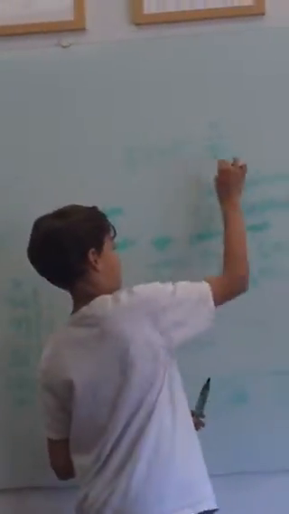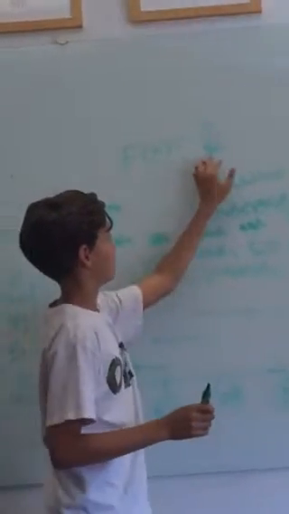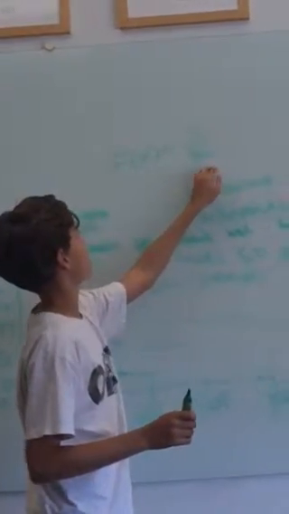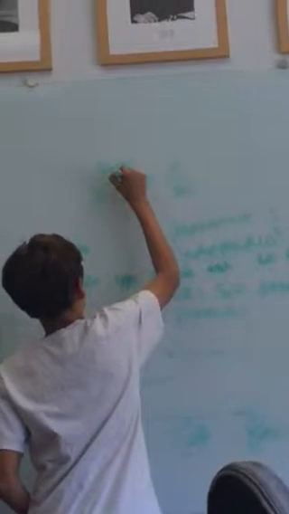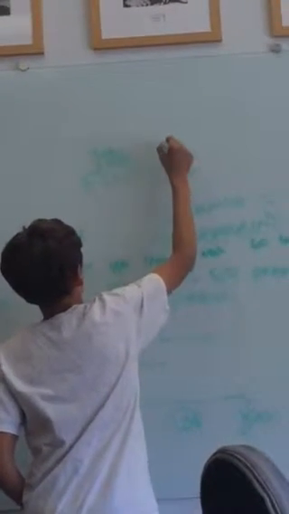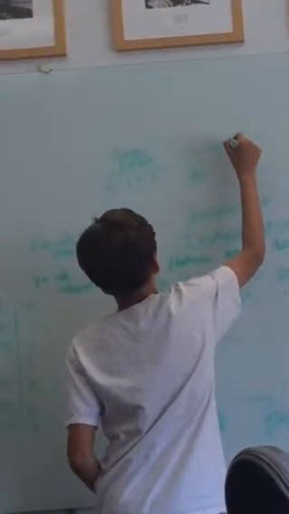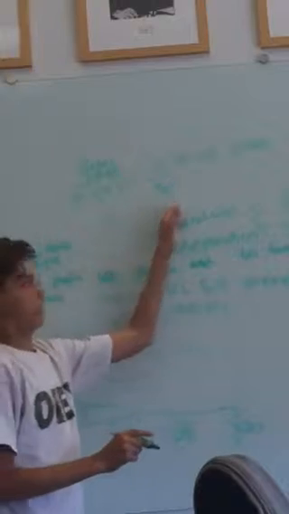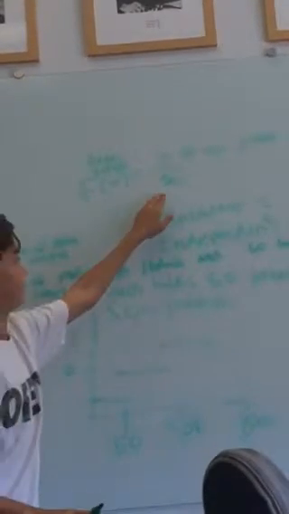This would be buses needed, x being the number of people going on the field trip, and 50 would be the capacity of the bus, how many people can fit in the bus.